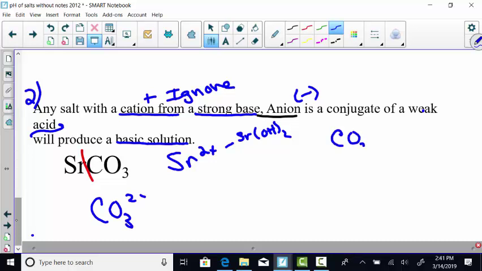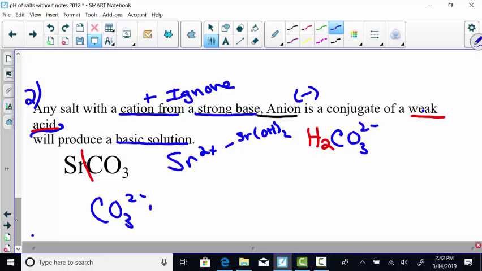So if I have this CO3 2 minus, is that a conjugate of a weak acid? And if you put H2CO3 in front of this, then you have carbonic acid. So yes, it is a conjugate of a weak acid.